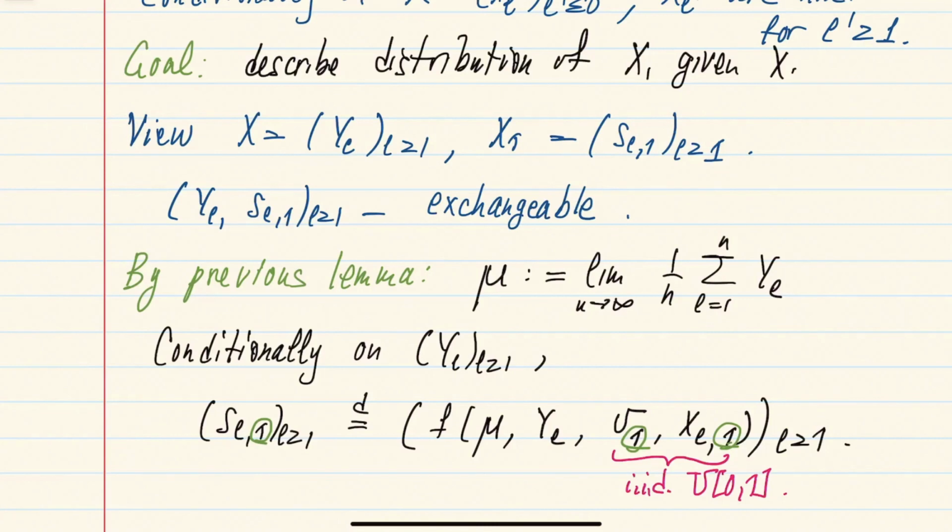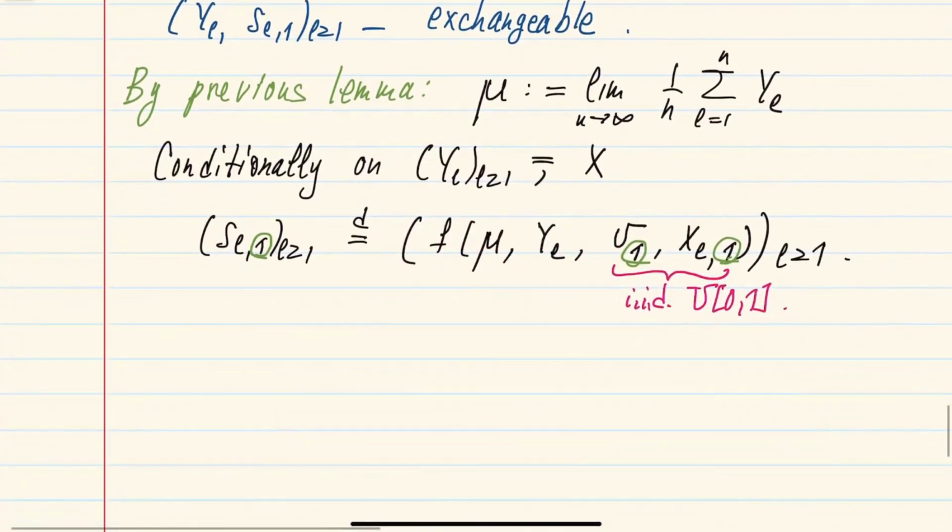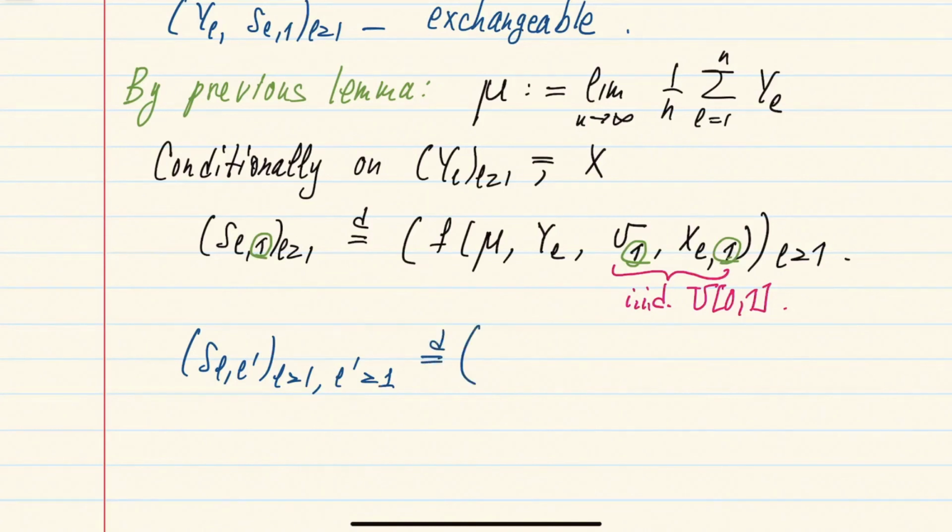And since in the first half of the proof we said that conditionally on this left half of the array the columns on the right are IID, and we described the distribution of one of them, now we can conclude that the distribution of S_{L,L'} for L greater or equal than 1, and also L' is now going to be on the right, so greater or equal than 1, we just have to plug in independent copies of these random variables V and X for different indices L'. So we get the representation of this form.